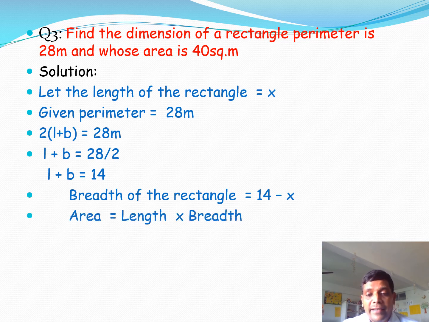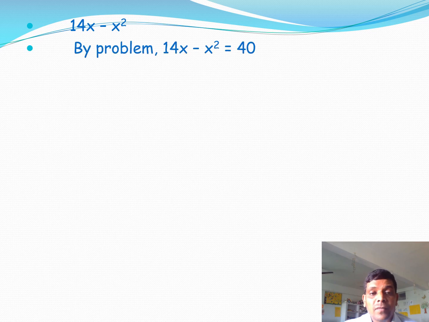Now area of a rectangle. So the formula for area of a rectangle is length into breadth. What is given? Length x and breadth 14 minus x. Area is equal to length into breadth, means 14x minus x square.